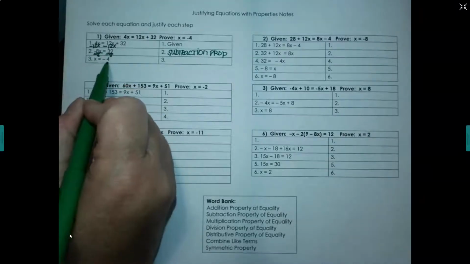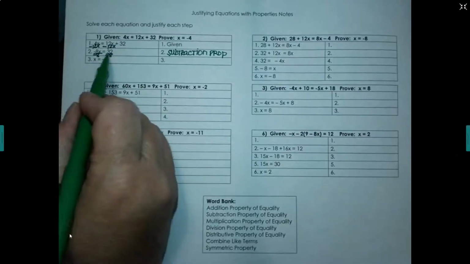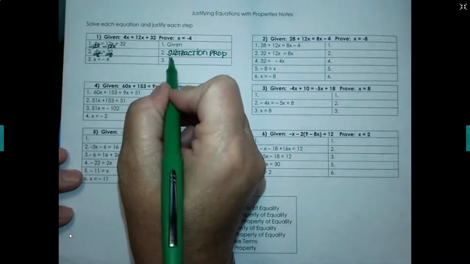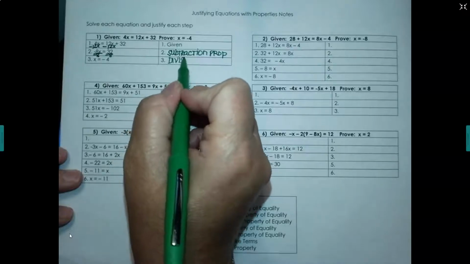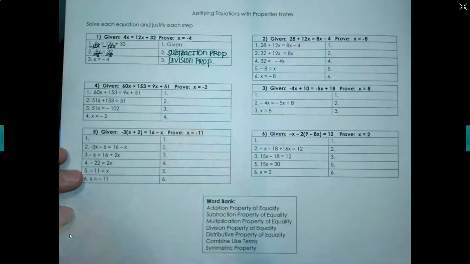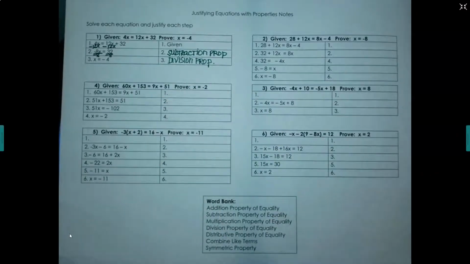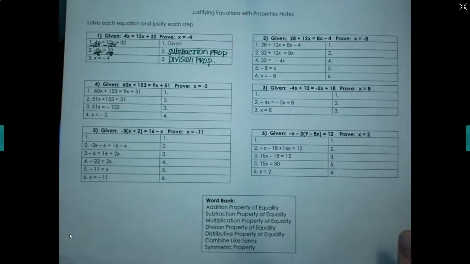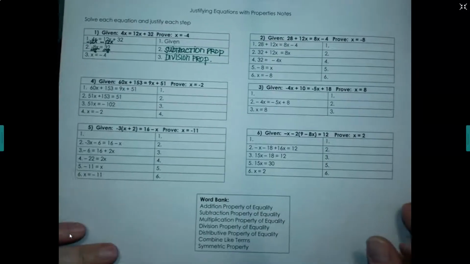And I get x equals negative 4. The math I did here was division. So what allowed me to do that was my division property. So that's a 2-column proof. You're going to tell why you are allowed to do each step based off of these vocabulary words.